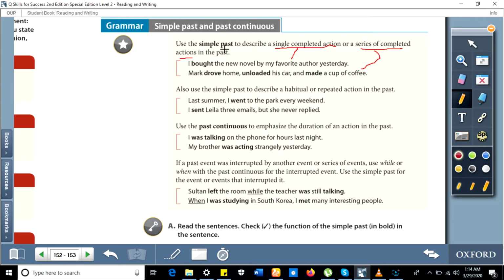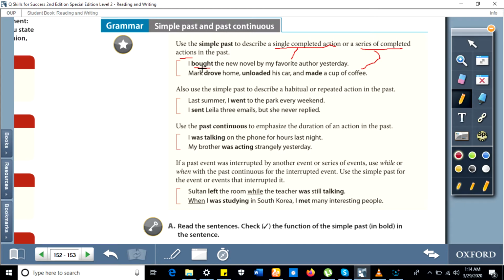So if you want to write a sentence like this, a series of completed actions or a single completed action, you need to use simple past. And as you know, for simple past you have to use the past form of the verb, or V2. You can't use buy here, but you have to use V2 or the past form of the verb. You can say I bought the new novel by my favorite author yesterday.